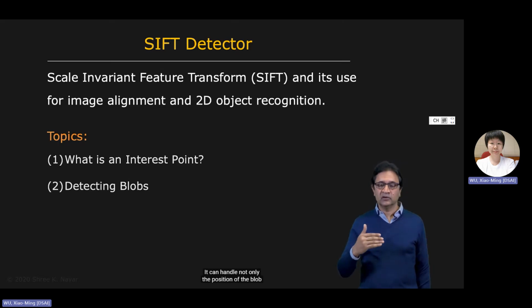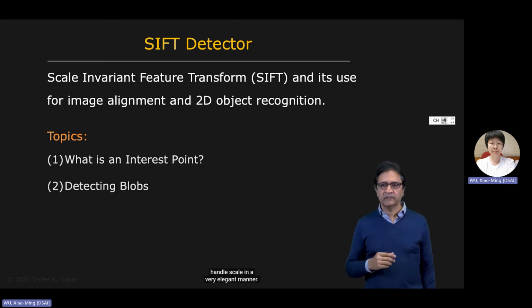It can handle not only the position of the blob, but also the magnification of the blob, because an object can appear at many different magnifications depending on its depth from the camera. So you have to be able to deal with scale. This blob detection theory handles scale in a very elegant manner.